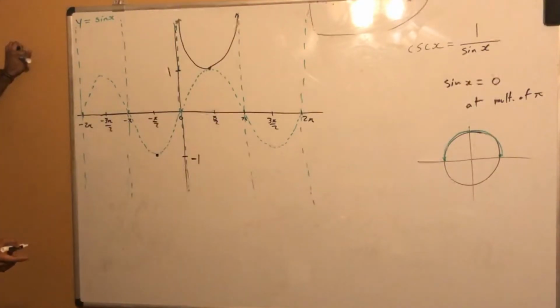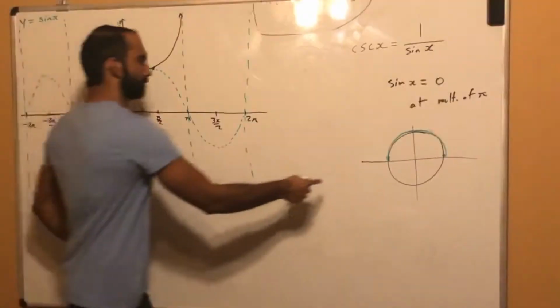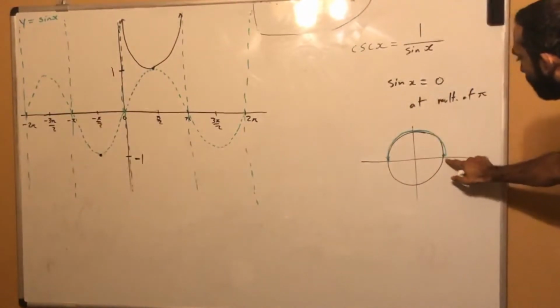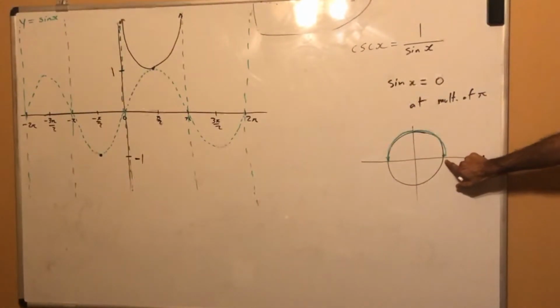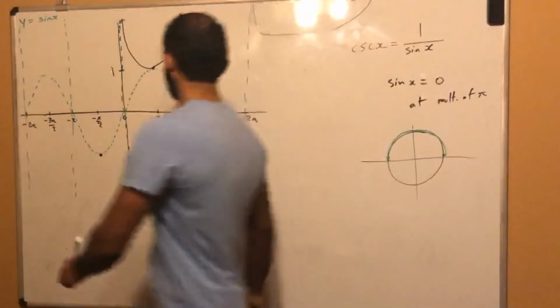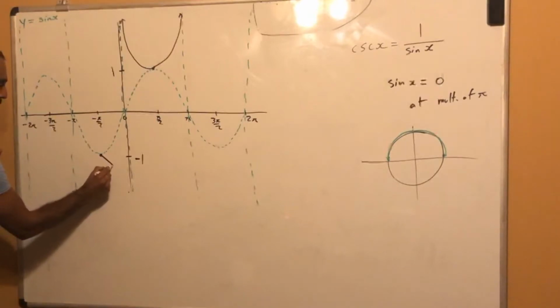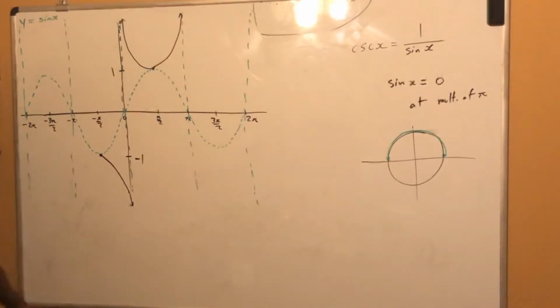Now, if I go from negative pi over 2 to 0, so this time from here to here, but I stop just short, my y coordinate is negative. So 1 divided by some negative quantity gives me, not negative 1, but just some very, very negative number.